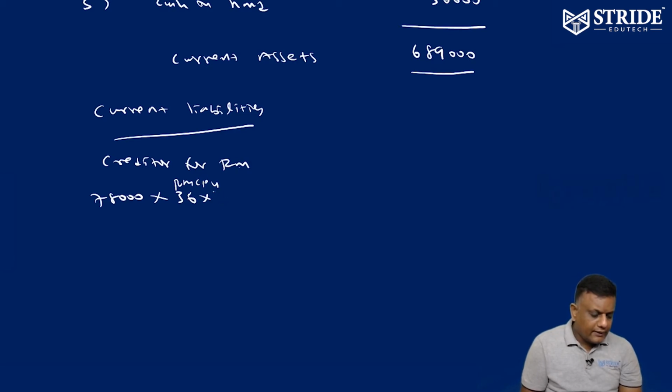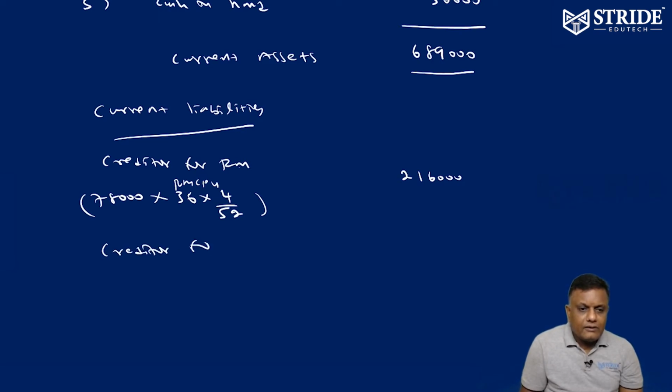Creditors are allowed a 4 weeks period. We can make payment after 4 weeks, 4 by 52. So 2,16,000.